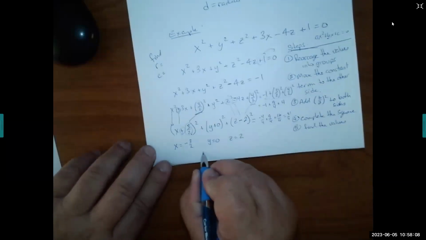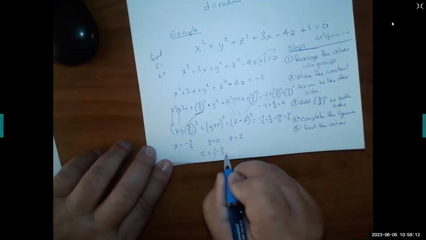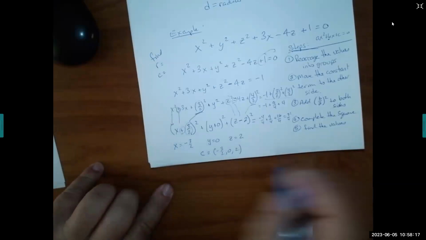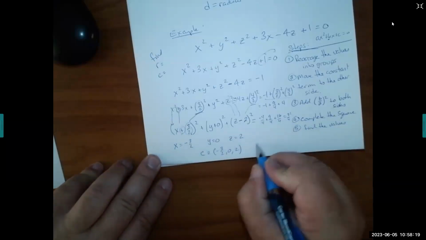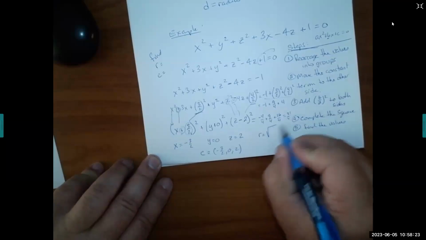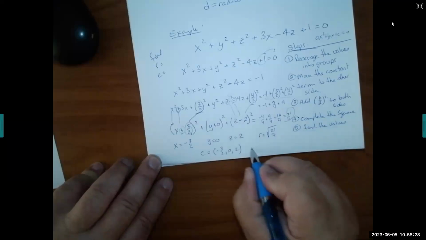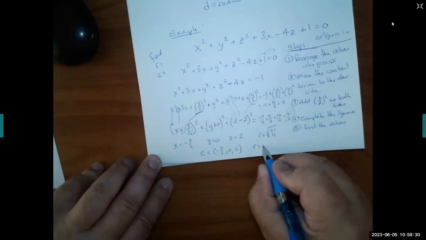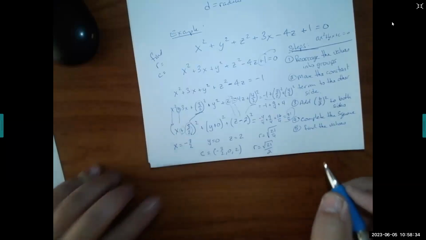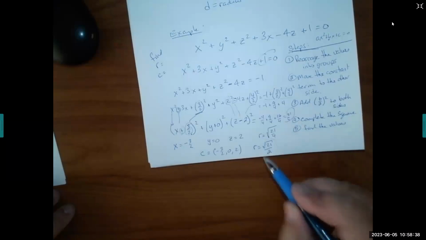So the center is at negative 3 over 2, 0, 2. The radius is the square root of whatever this answer was here, 21 over 4. Square root of 21 over square root of 4, so the answer is square root of 21 over 2.